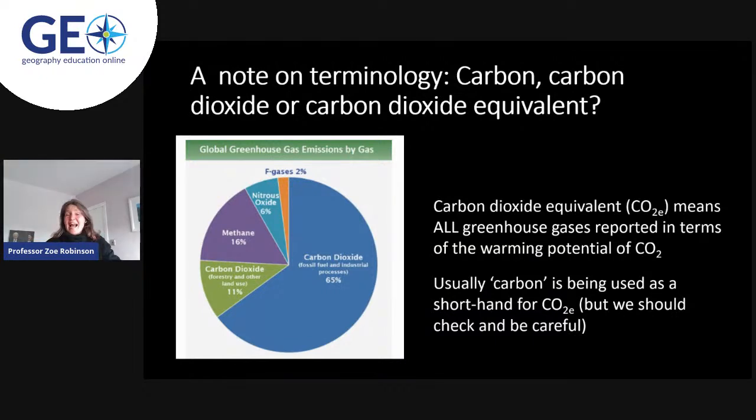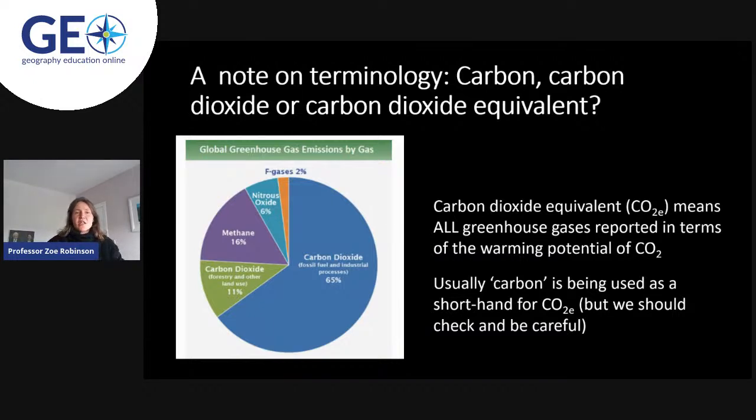And to be honest, as I talk through this session, I will probably talk about carbon, but really I'm meaning carbon dioxide equivalent. But it's worth knowing what might be behind the terms, and also being really careful about our language. I'll try to be good, and also, you know, what language other people might be using.